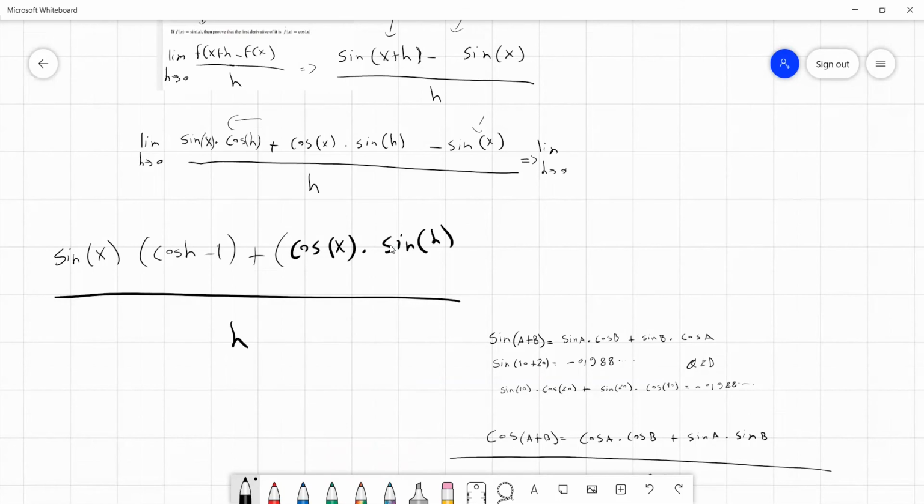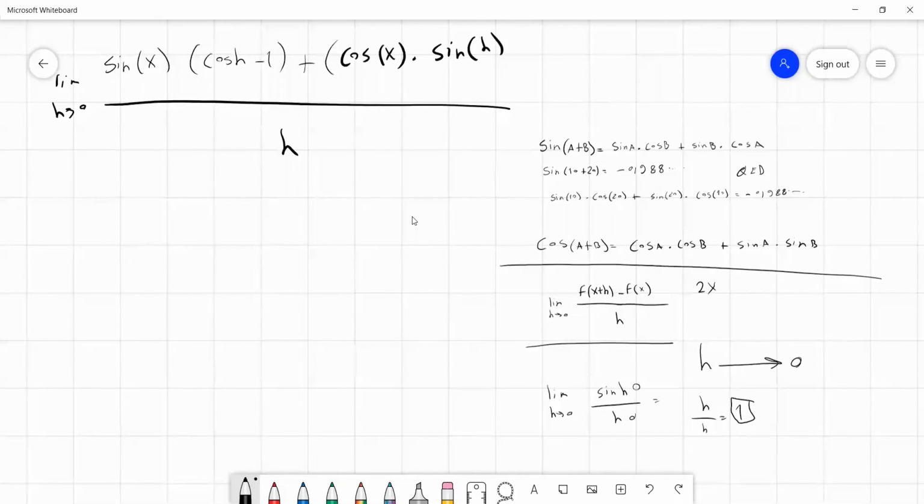Okay, now if we were to plug in 0, remember that this is the limit as h approaches 0. If we plug in 0 for h over here, we would have cosine 0 minus 1.